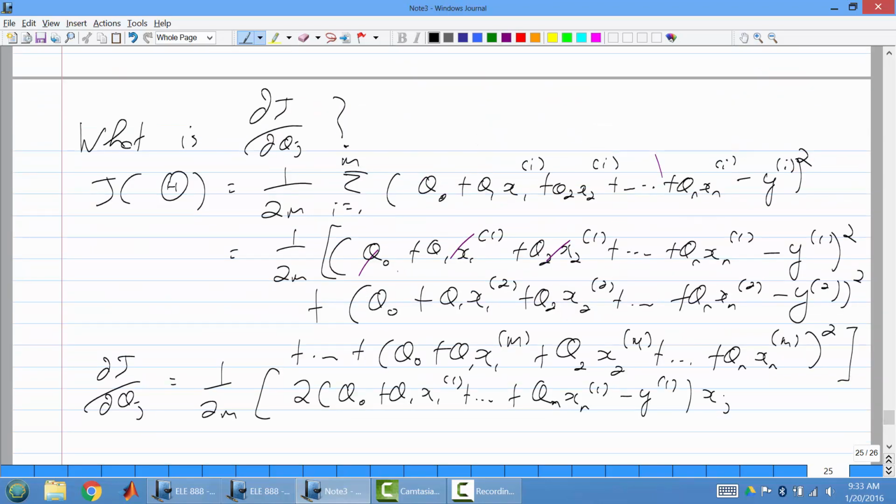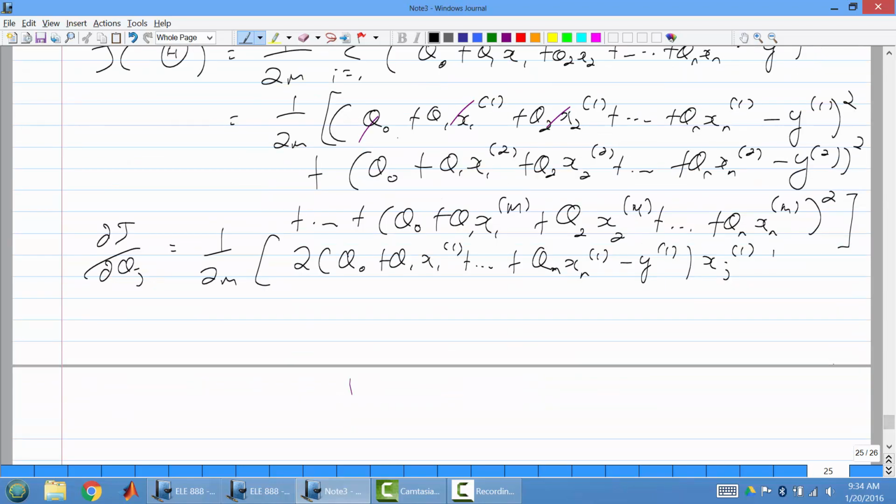When you differentiate with respect to theta j, it's 1, and the output is just xj. So in this case, you just get xj. It's a sum of weights: theta 0 plus theta 1 x1, and you keep going, and when you differentiate, everything goes away except for the term that deals with theta j. So it's 1 times xj in whatever example we're looking at. And that's what happens there. Okay? And then you just repeat it for the rest of it. Oops, this is the second example.